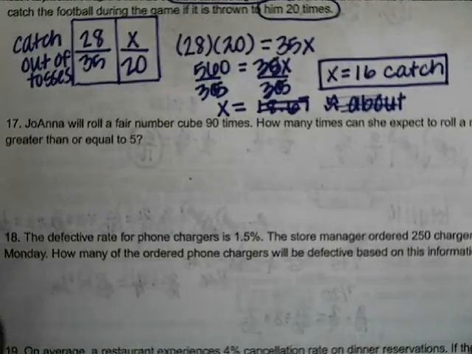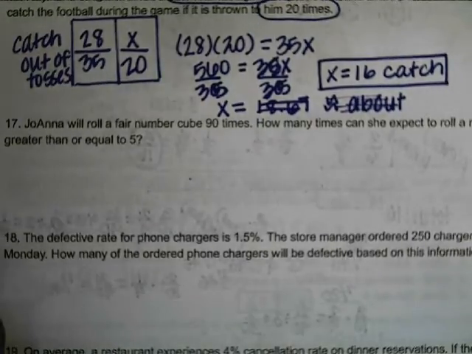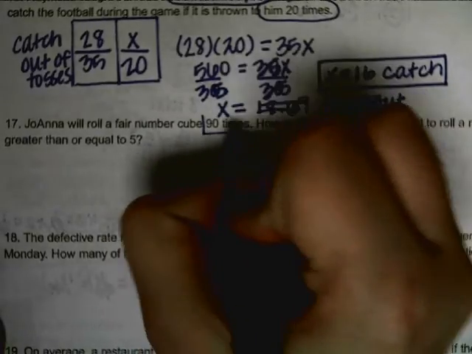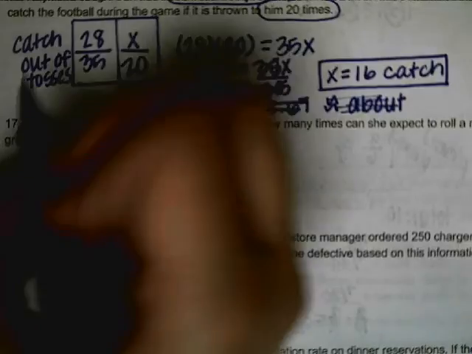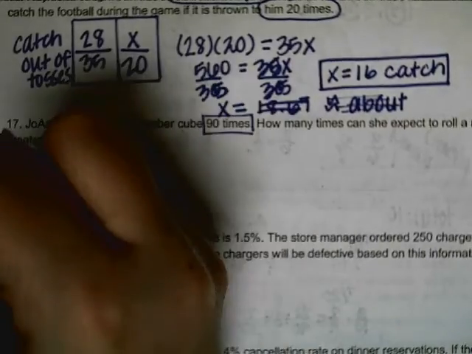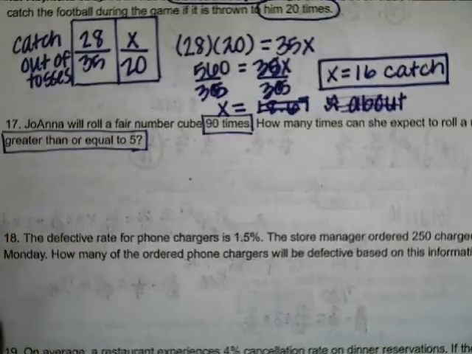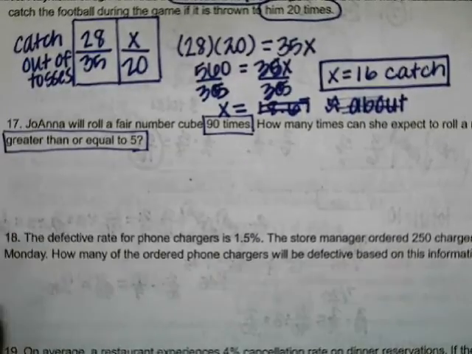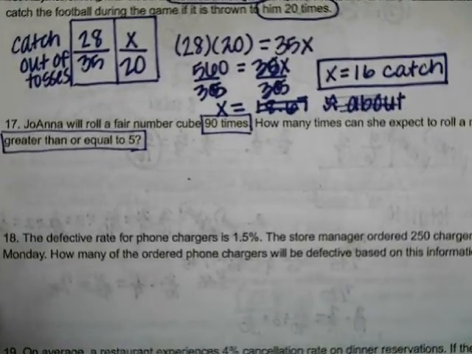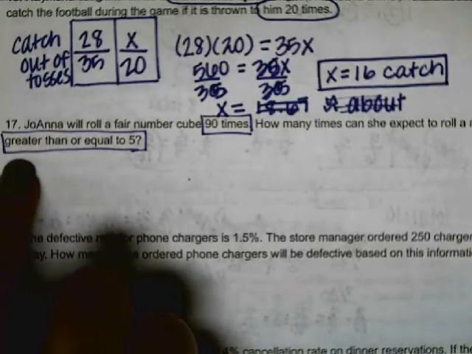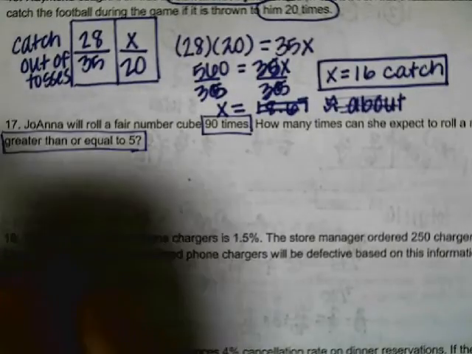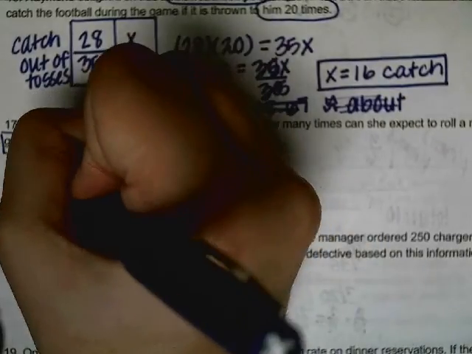Question 17. Joanna will roll a fair number cube 90 times. How many times can she expect to roll a number greater than or equal to 5? So let's think theoretically. If she rolled the cube one time, her probability of rolling greater than or equal to 5 has only two options, 5 and 6. So 2 out of 6 total sides.